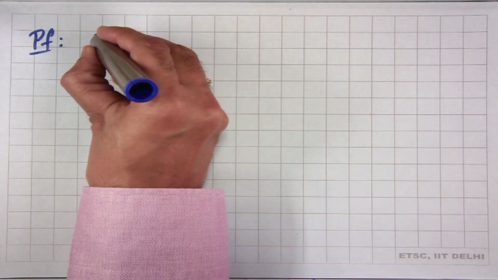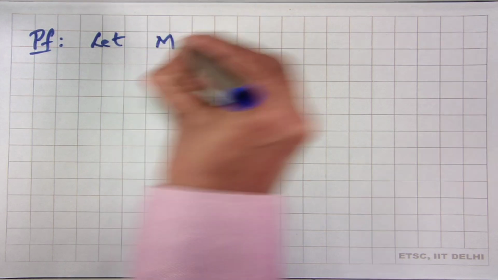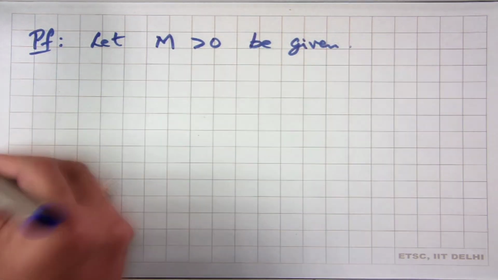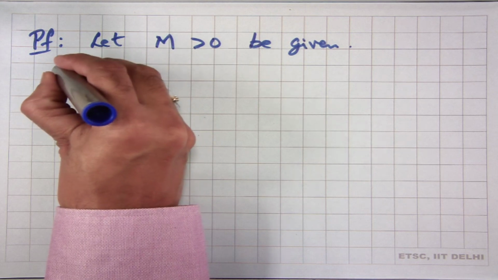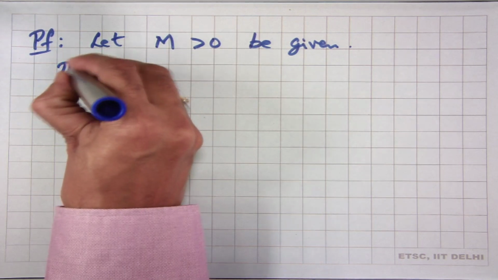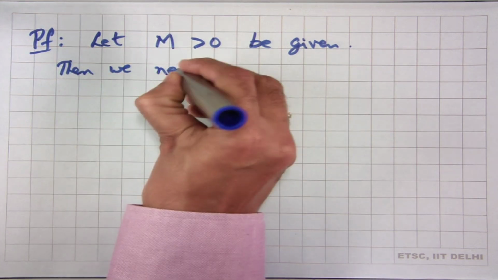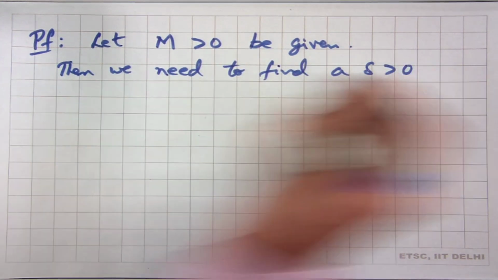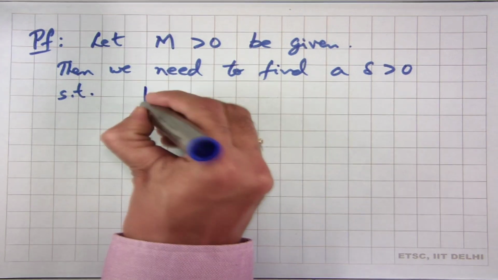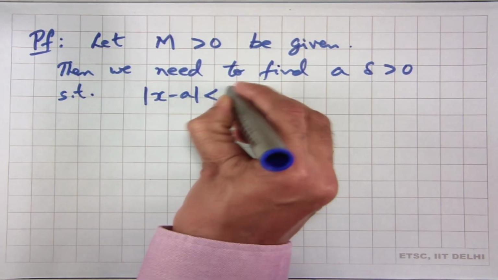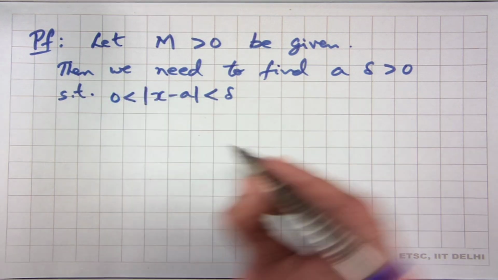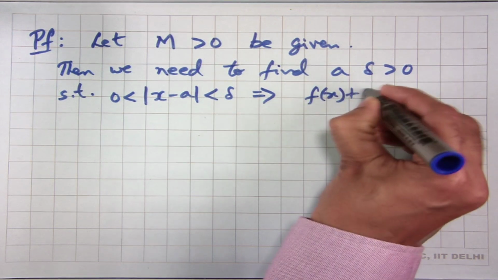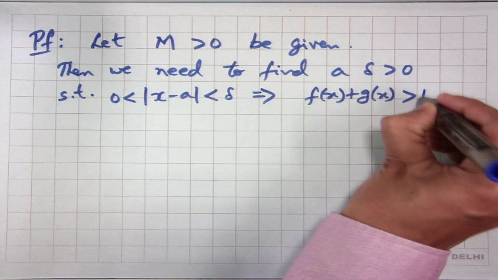So, let m greater than 0 be given, then we need to find a delta positive such that mod x minus a less than delta and x not equal to a should imply f x plus g x is greater than m.